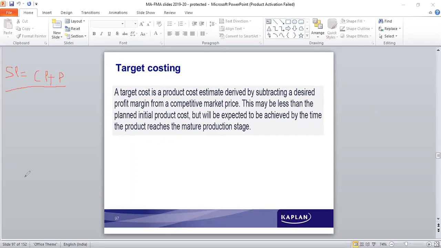In such markets wherein the competition is severe, we call that a perfect market, where many sellers are present. In that case, if let's say 20 rupees is the prevailing price of that product, more or less everybody is selling it at 20 rupees.